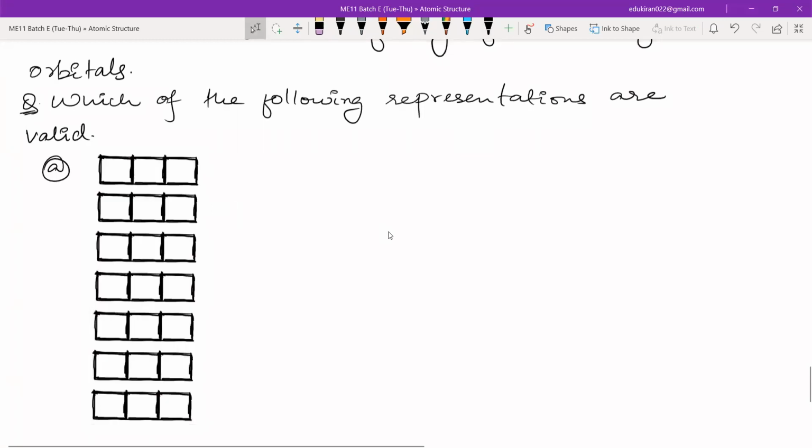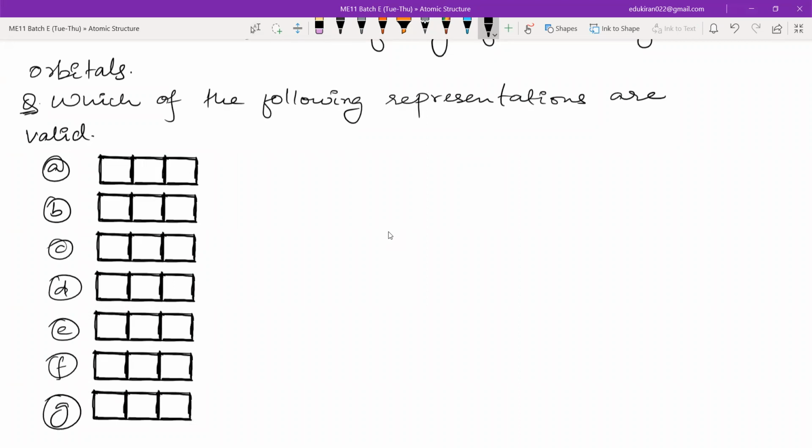We have A, B, C, D, E, F, G. So from A to G, please send the answers in chat.